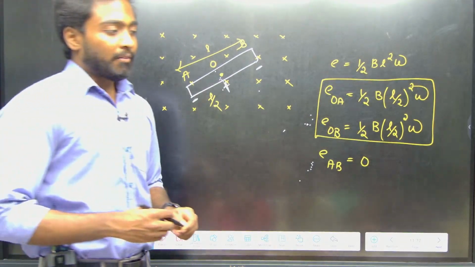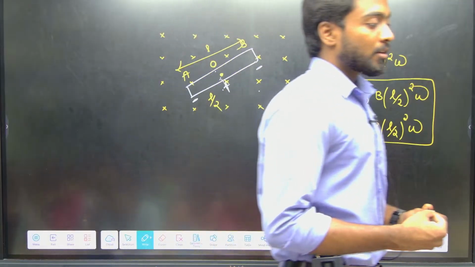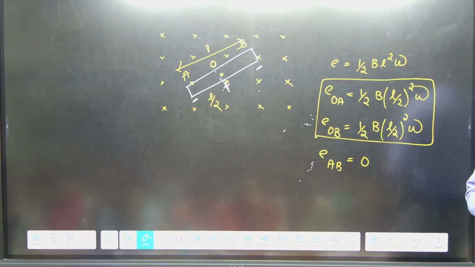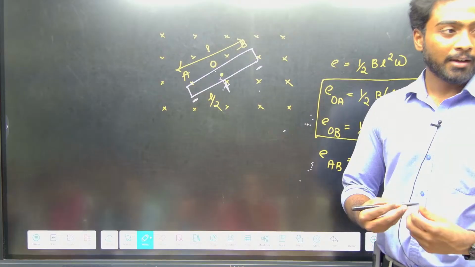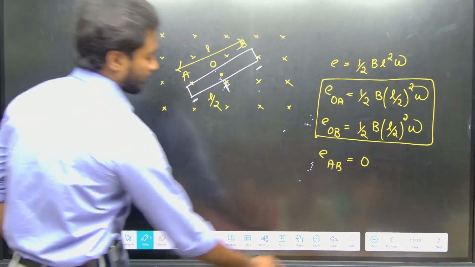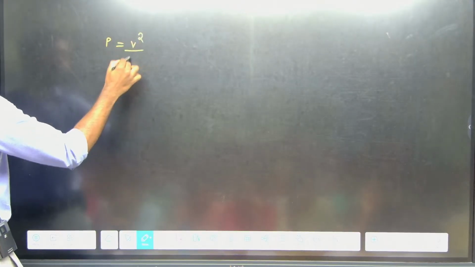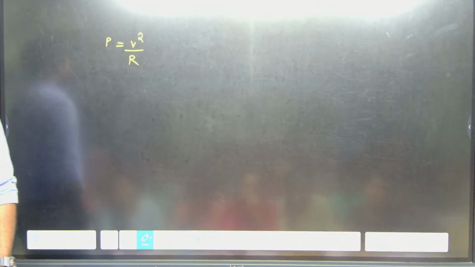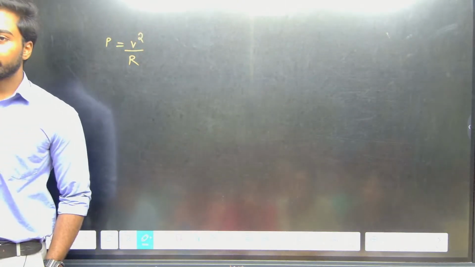What is the power formula in terms of voltage and resistance we have seen in current electricity? V square by R. So power is equal to V square by R. What is V? Voltage, right? Now here we are talking about the EMF. Which EMF? Induced EMF.